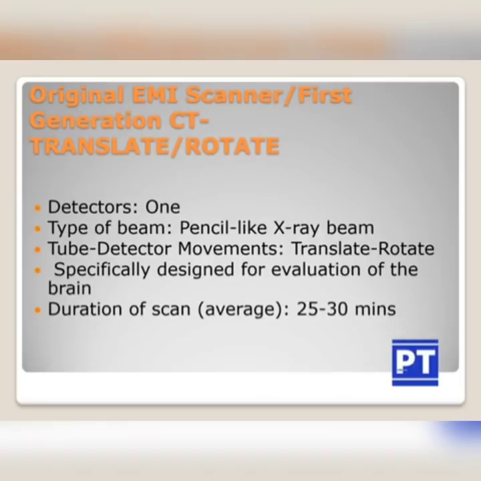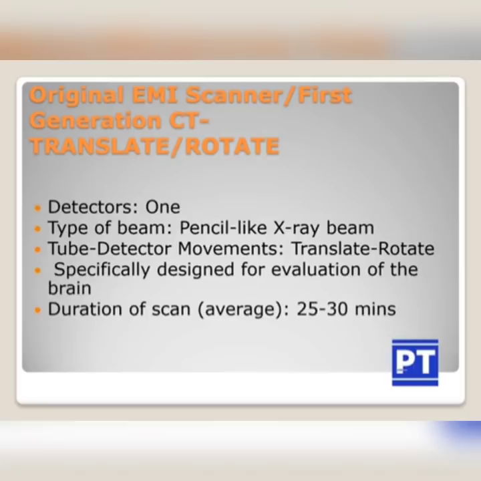So there was only one detector, with a pencil-like X-ray beam. Translate rotate was the tube detector movement, and it was designed only for the evaluation of the brain.